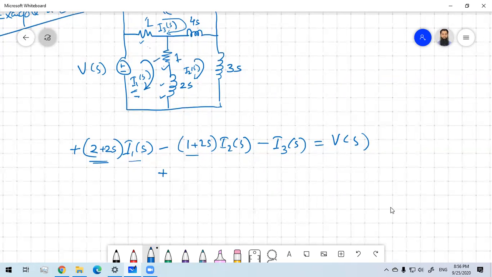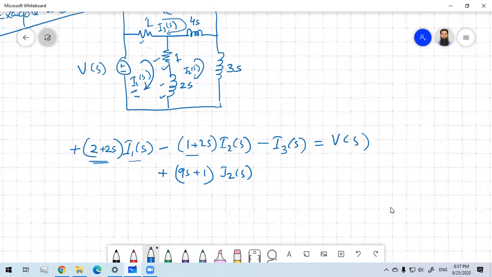So what is the total impedance of loop 2? We have 2s, 3s, 4s, basically 9s, plus 1 resistance, times I2(s). What is common between 1 and 2?